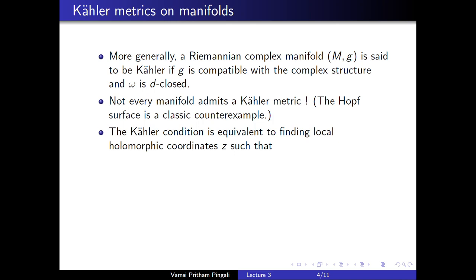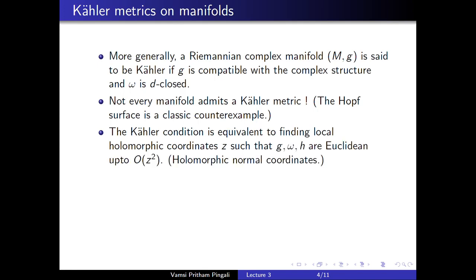So that means the derivatives of omega, in particular the exterior derivative of omega, in these coordinates is 0. So if it's 0 in one coordinate system at that point, it's 0 in all coordinate systems. So that means the ability to find holomorphic local coordinates has a necessary condition, namely that omega is Kähler. And it turns out it's also sufficient.